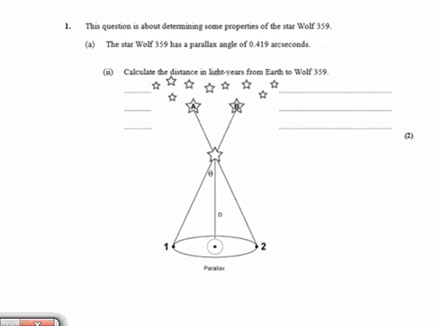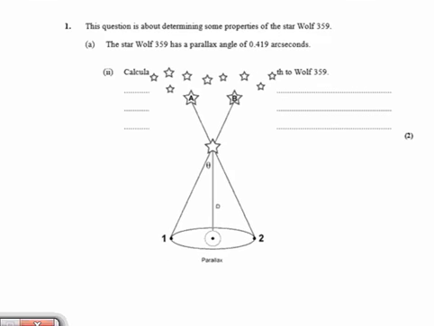So if this is a picture of our sun in the middle, I'm going to draw red, and let's say our Earth is in position 1 right here, and this blue star is Wolf 359.